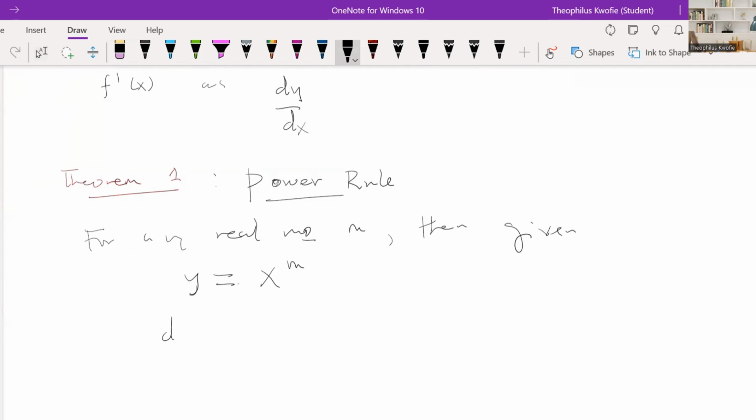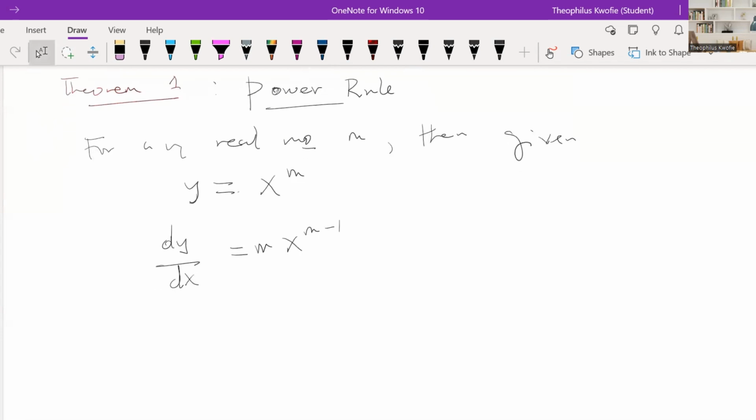What happens if there's a change in y with respect to a change in x? This is what the theorem says: drop the m and multiply it by the function with its power decreased by 1. That is what we are trying to say over here.